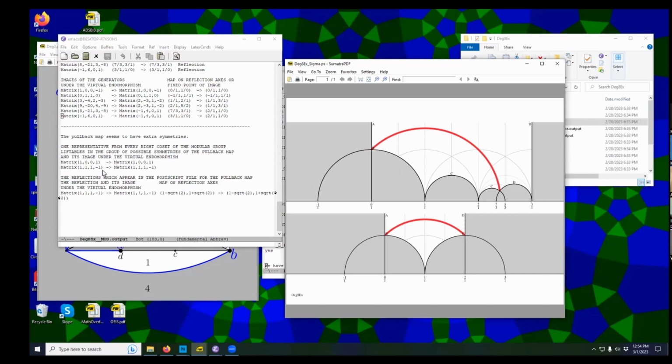This matrix has determinant -2. It's not even coming from PSL2Q. Why does it appear? How do you predict the occurrence of such things? This happens every once in a while, that a pullback map can have extra symmetries.